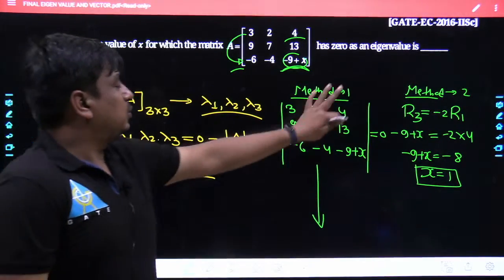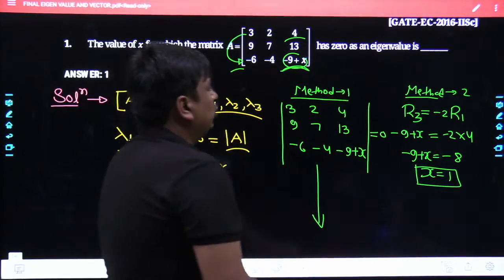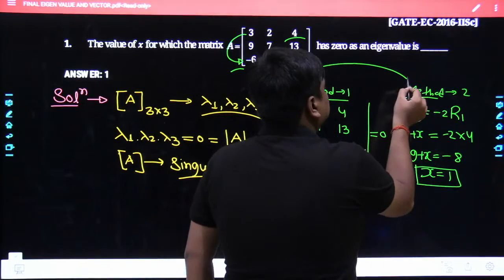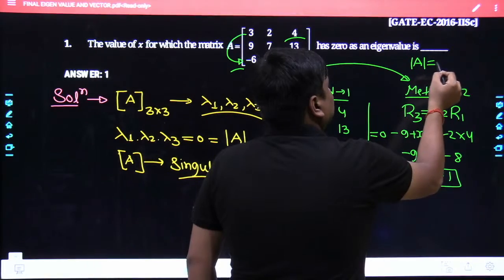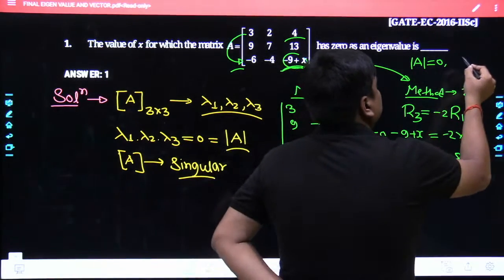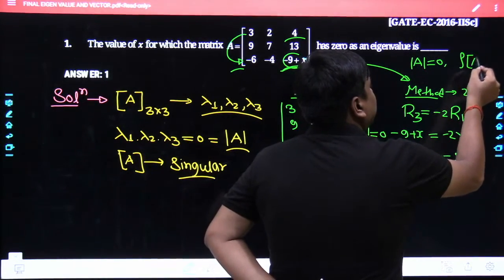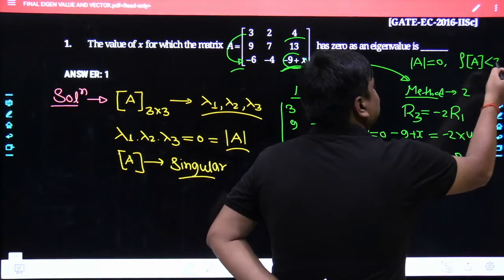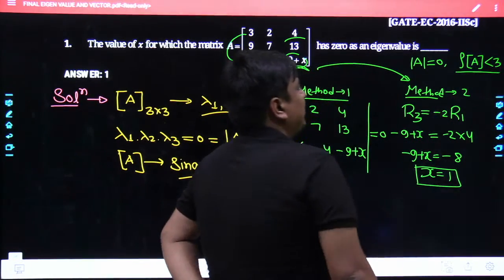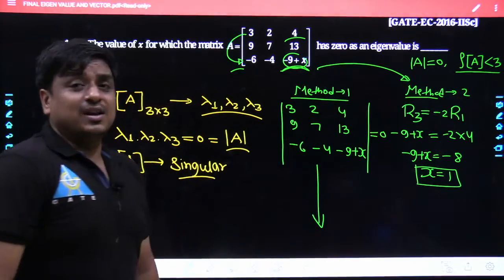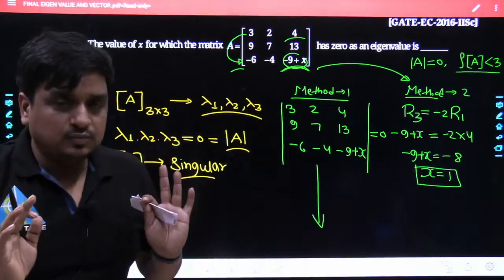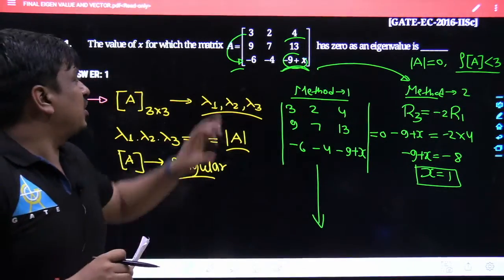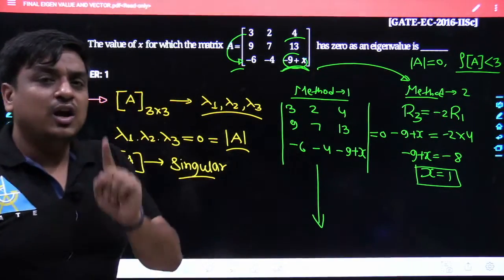Could you understand how important method 2 was? See, determinant of A equal to 0 indicates the rank of the matrix A would be less than 3. If the rank of A is less than 3, the number of linearly independent rows would be 2 or less than 2. They can't be 3. That means out of 3 rows, at least 1 row has to be dependent.